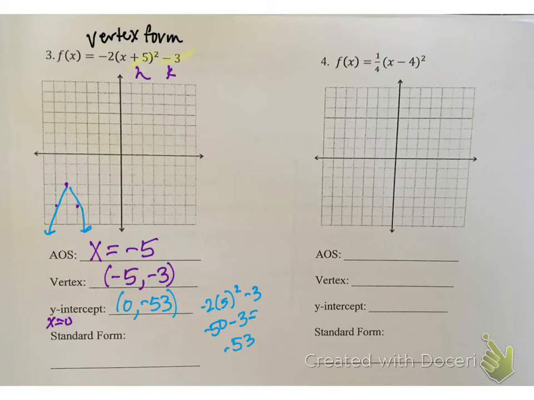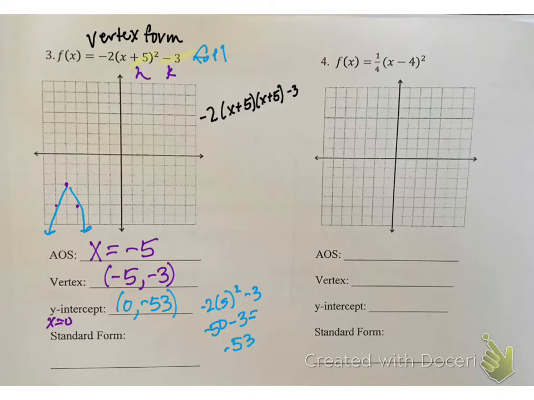Then to get this into standard form, all I need to do is FOIL this out. I'm just going to keep the -2 as is, and I'm going to write this as x plus 5 times x plus 5 minus 3.